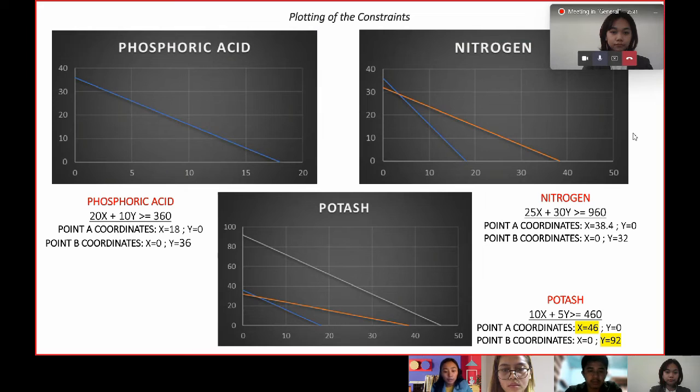We then identified our constraints, which are for the phosphoric acid, nitrogen, and potash, including the non-negativity of x and y, and substituted each of these to be able to get values of point A and B coordinates. We have shown here the point coordinates of each chemical requirement, as well as the graphs that we have after plotting all the coordinates.